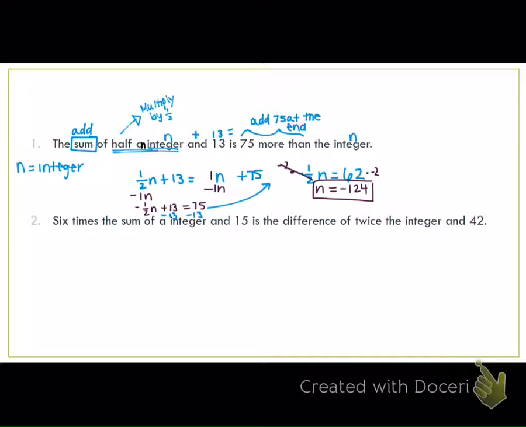Okay? All right. The next one there, it says 6 times the sum. So it means that you're multiplying 6 times the entire sum. Remember, sum means addition. We talked about that in the last problem.